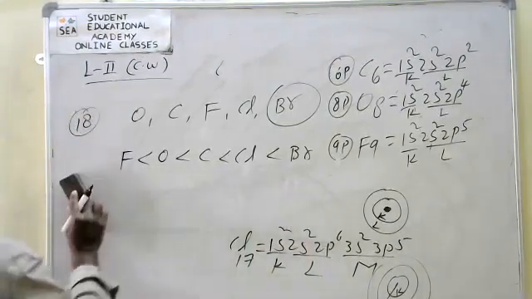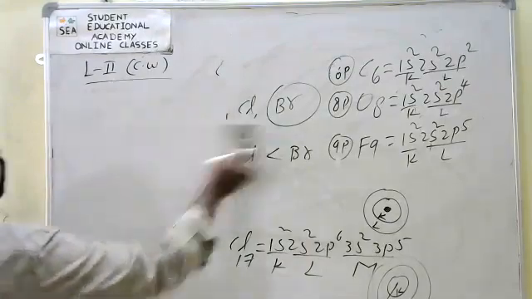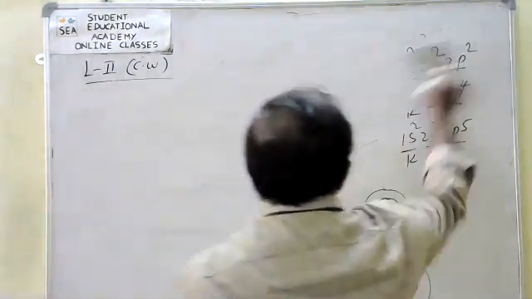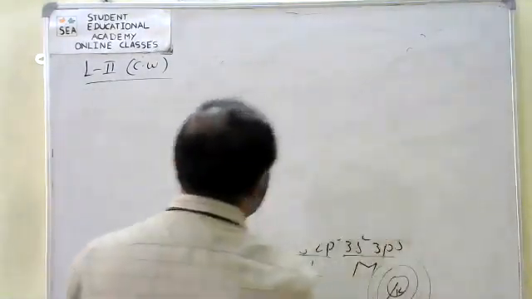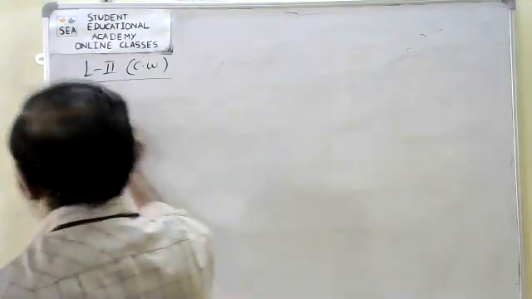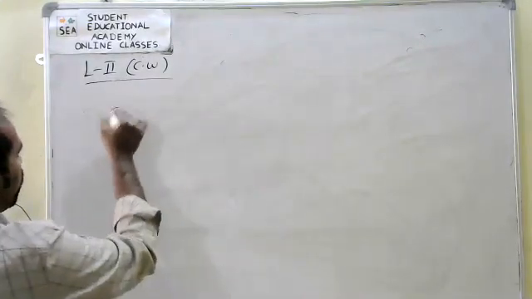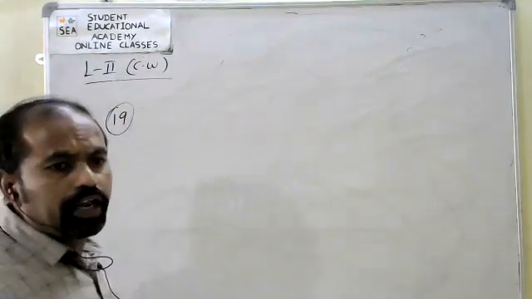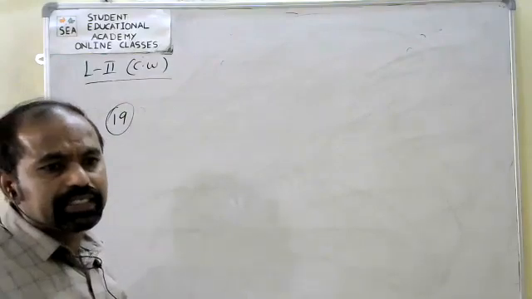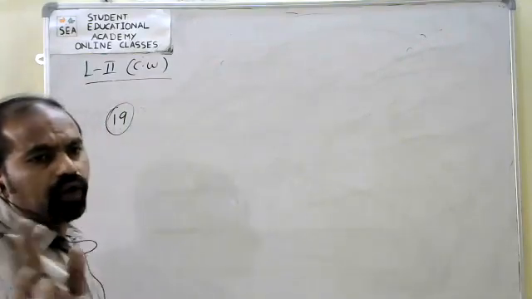Next, 19th question. See. So the ionic size decreasing order. They are given 5 ions.